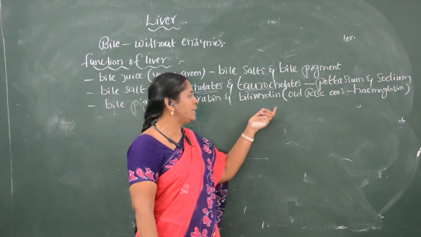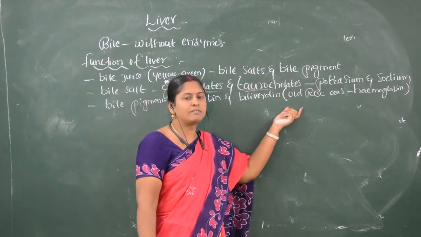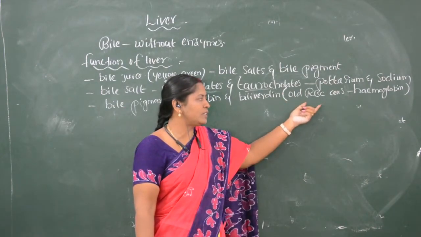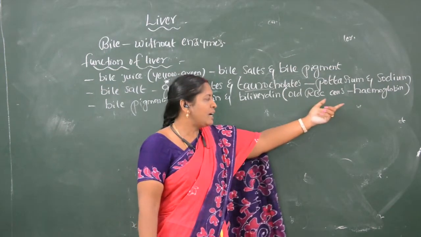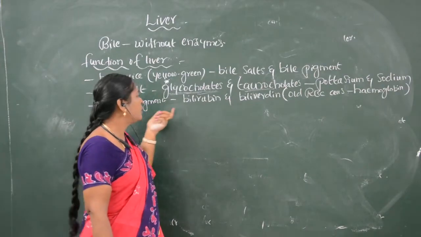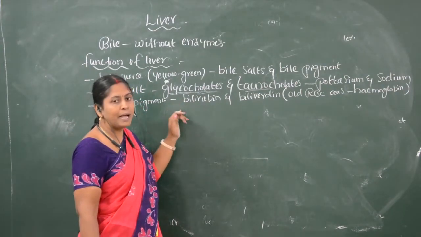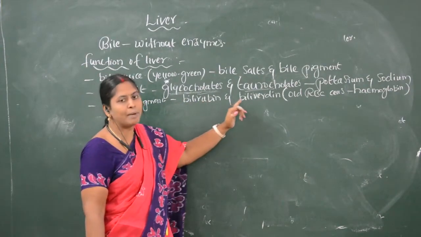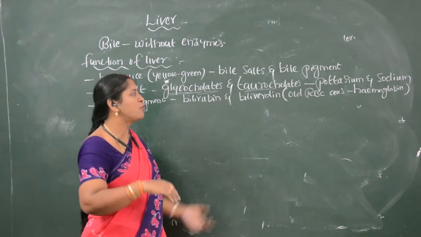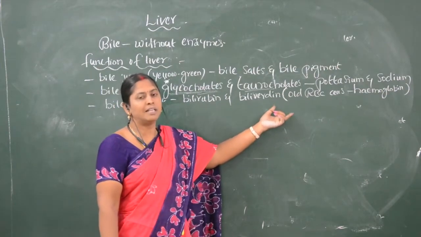After more than 120 days, the red blood cells disintegrate. Because of the disintegration of these RBC cells, these bile pigments are formed. Bilirubin and biliverdin are the bile pigments formed because of the destruction of old RBC cells, that is, hemoglobin.